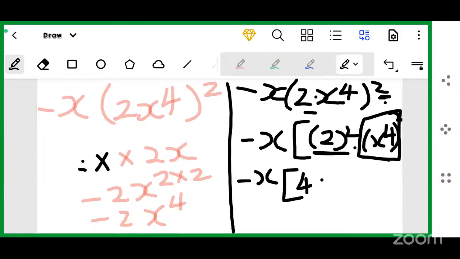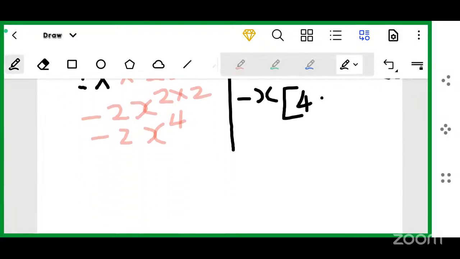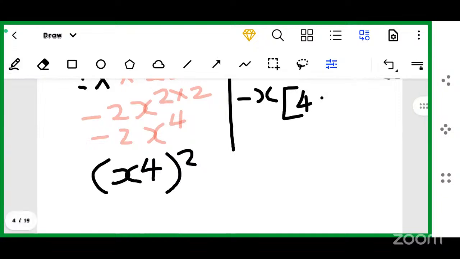Okay, so it's something like this. Now we have x to the power of 4 to the power of 2. So what's going to be your answer if you have something like this?